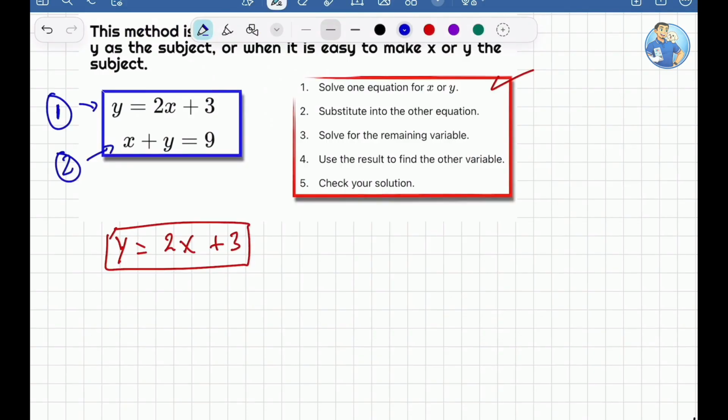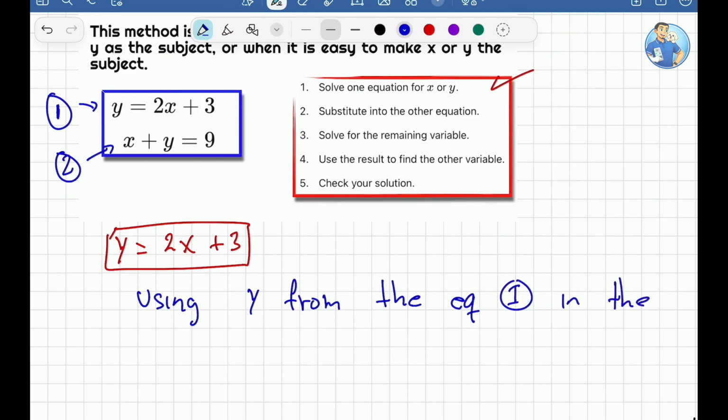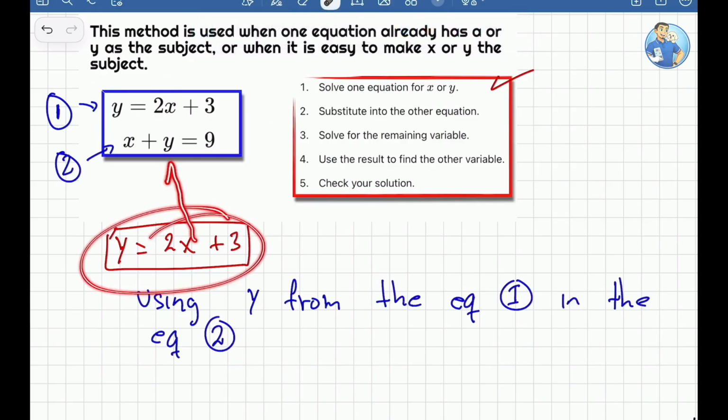We are going to say, using y from equation 1 in equation 2. This means take this y and use it here in equation number 2.